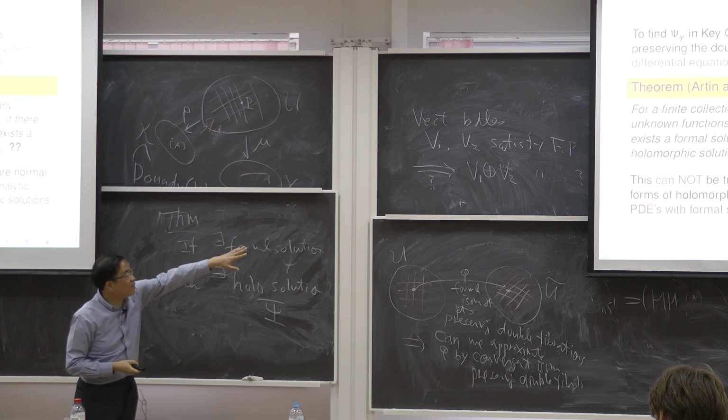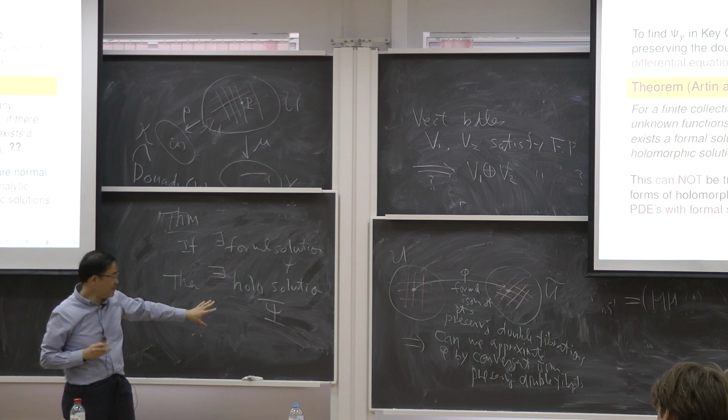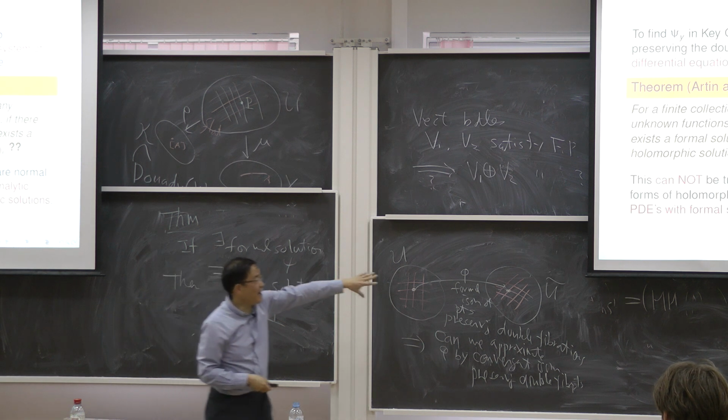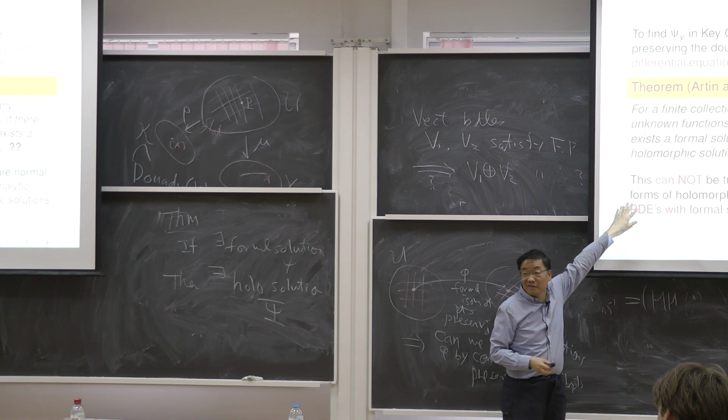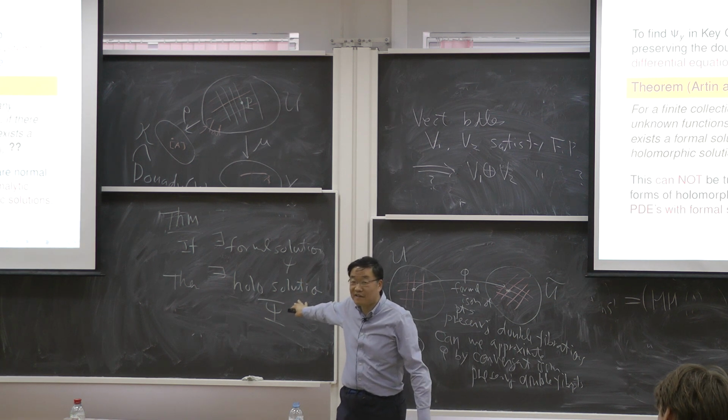This pseudo theorem claims this first, and then there's an extra property. But this counterexample does not even have any holomorphic solution at all, so it certainly cannot be true.